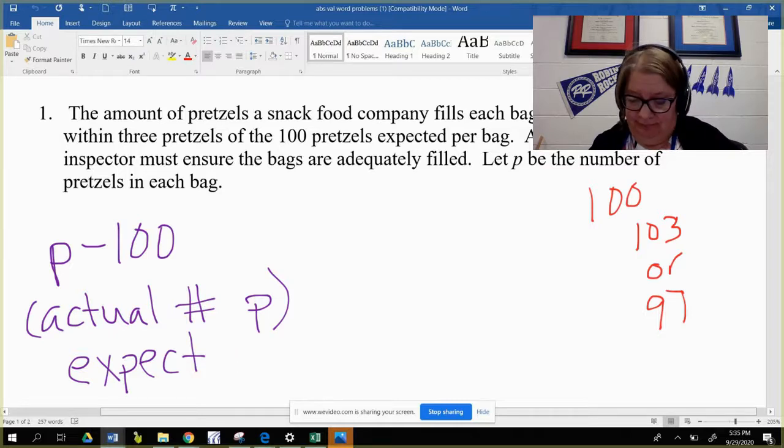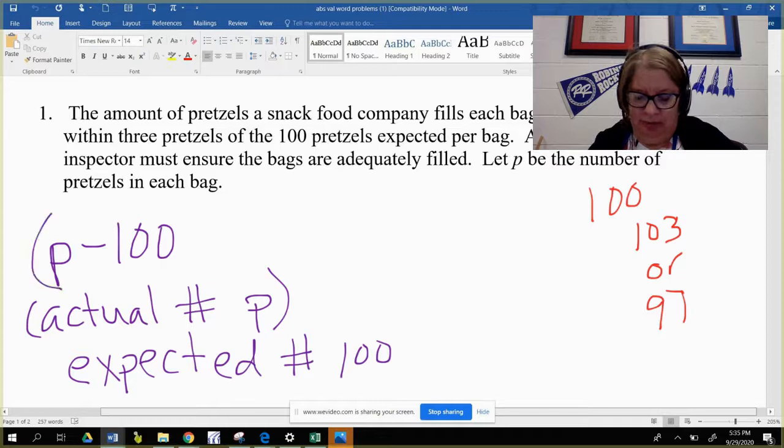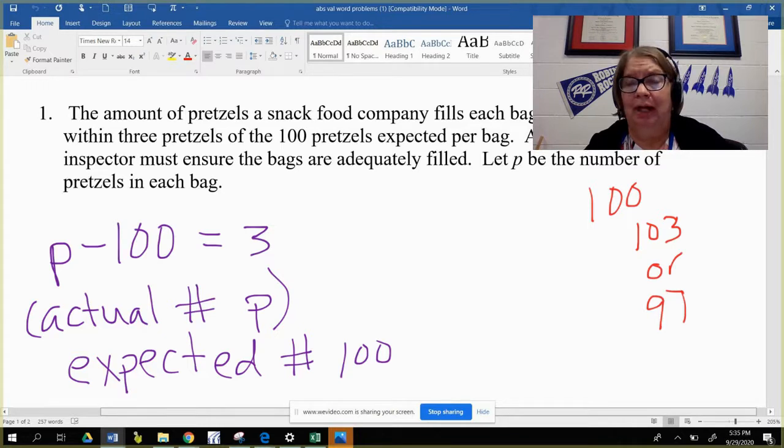The difference between those two, difference means subtract, is 3, right? But how do we indicate in this equation that it might be 3 over and it might be 3 under?